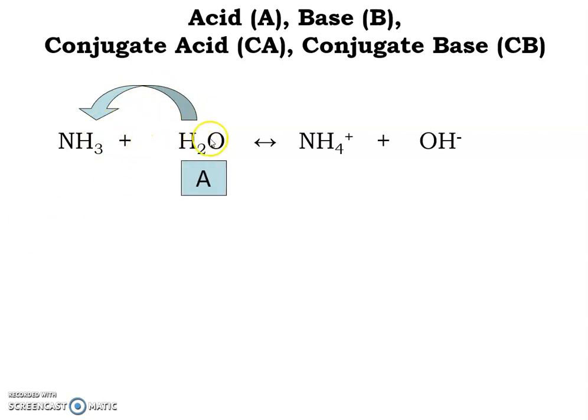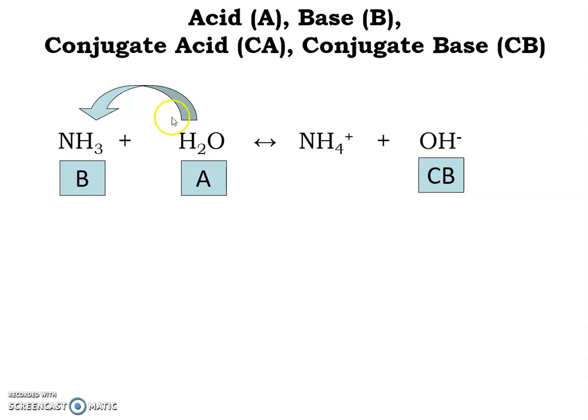Once this acid gives up its H, what's left is OH minus. Going forward it gave up an H to turn into OH minus; if we come back, it's going to accept that H back. So it acts as an acid going forward, but what's left acts as a base coming back, and we call that the conjugate base. What's left of your acid always becomes your conjugate base.